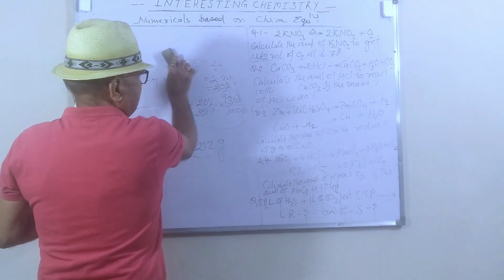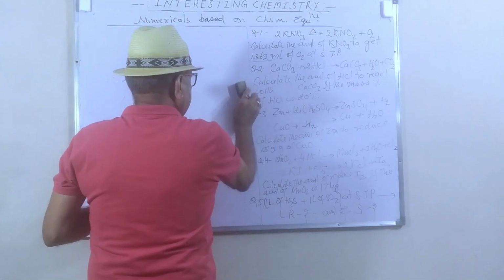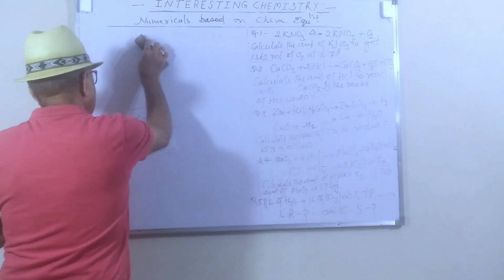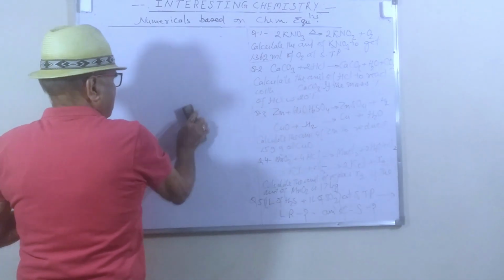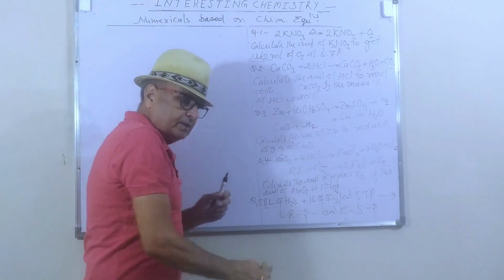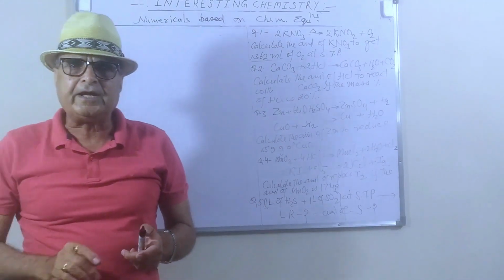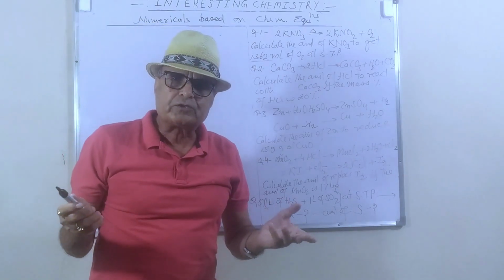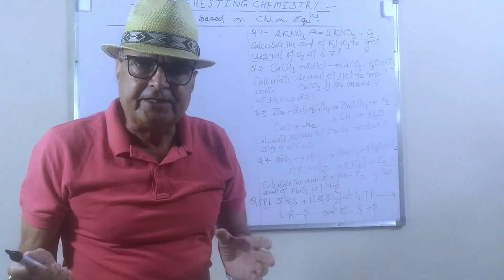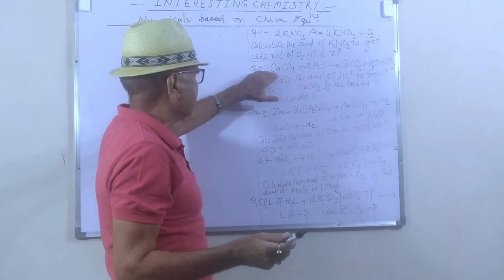Second question is, when calcium carbonate or limestone is treated with HCl, it produces calcium chloride plus H2O plus carbon dioxide. This is the reaction.